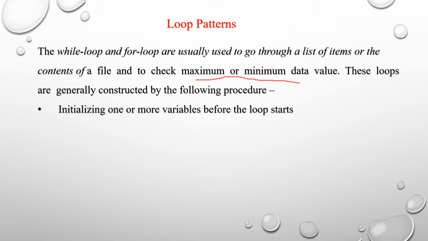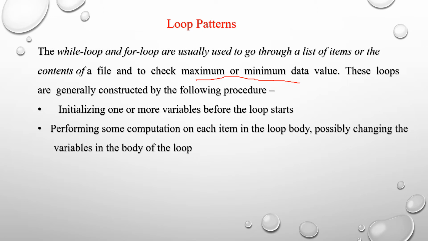The first procedure is initializing one or more variables before the loop starts. For example, if you want to declare the loop statement, the loop statement is while. So before declaring while, we have to assign the variable values.